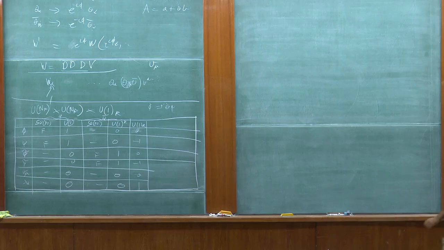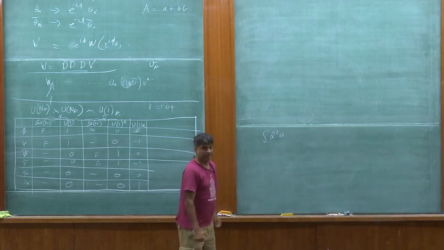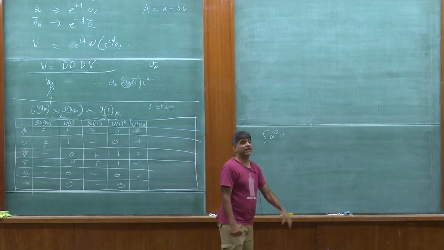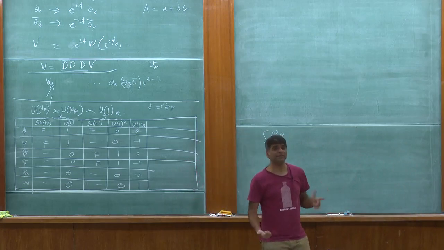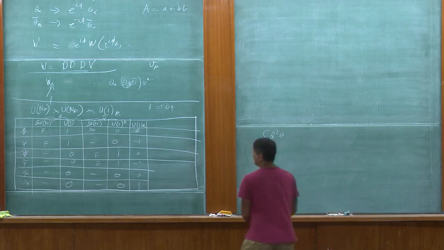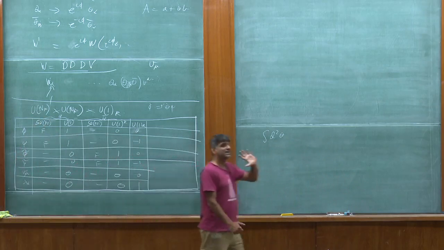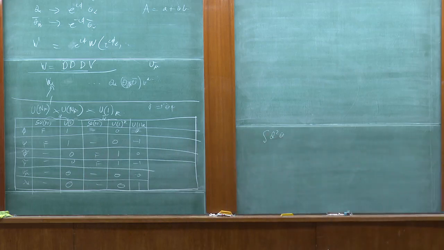So let's see. We are writing d2 theta. Our superpotential is of the form d2 theta times some function of chiral fields. What are the chiral fields in the problem? Well, there's q and q tilde. Our chiral fields transform like singlets under the R symmetry.